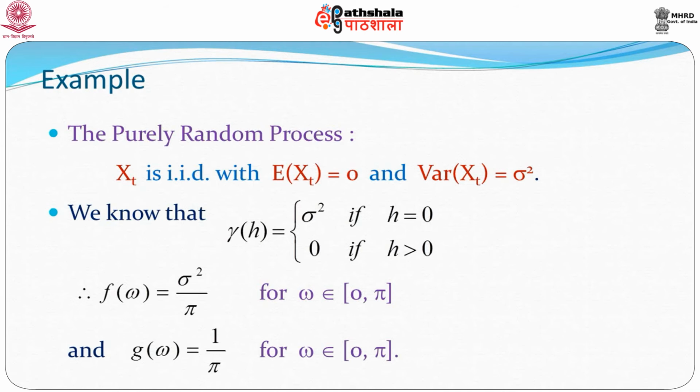We have a similar relation between ρ and g as we have between γ and f. So, if we use that relationship, we would get g(ω) equal to 1 by π. So, this is for a purely random process, and what we see here is that there is a single spike value.